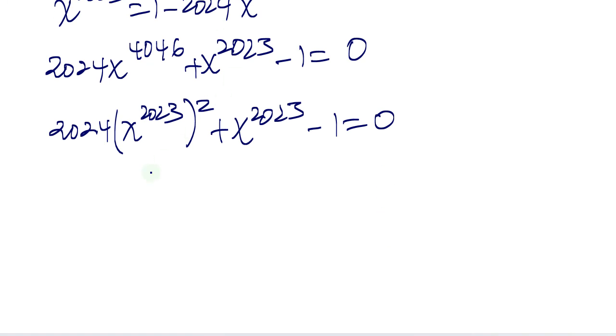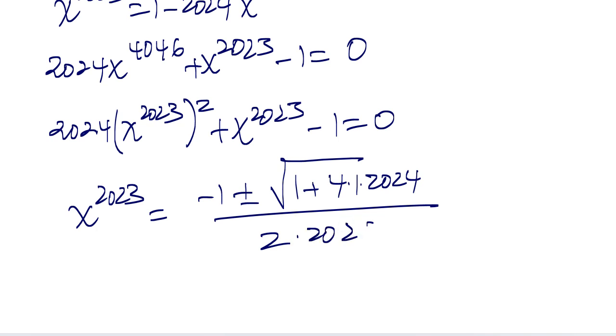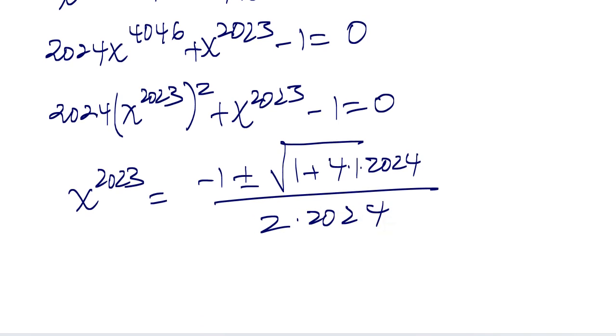So we can solve it as a quadratic equation, and x to the 2023 would be equals to -1 plus or minus square root of 1 plus 4 times 1 times 2024 over 2 times 2024. So this is all.